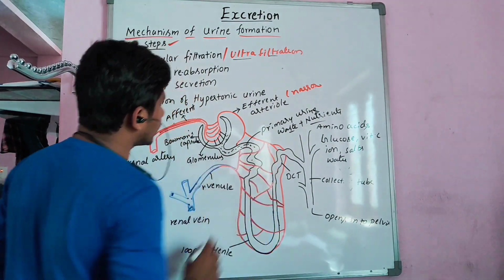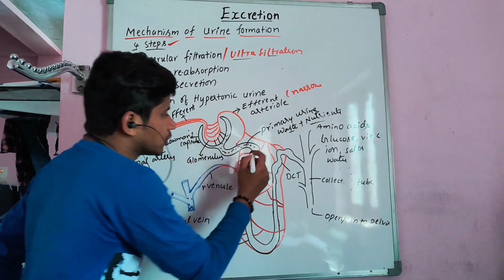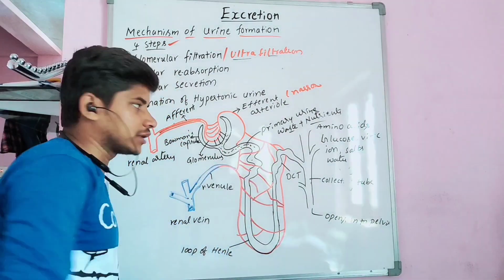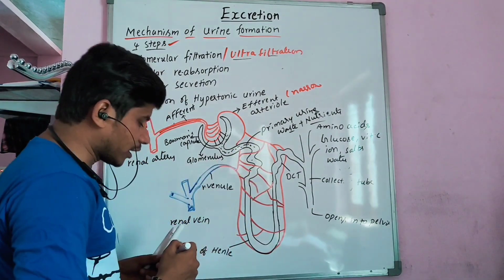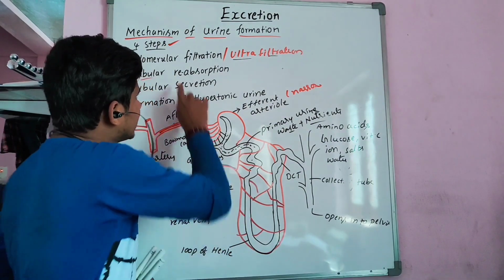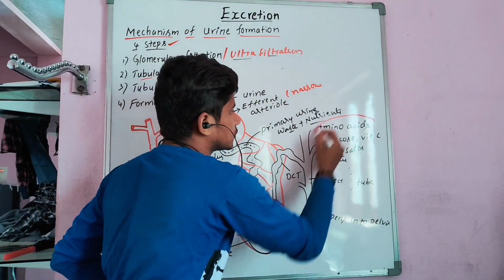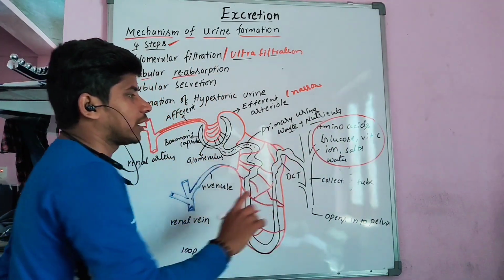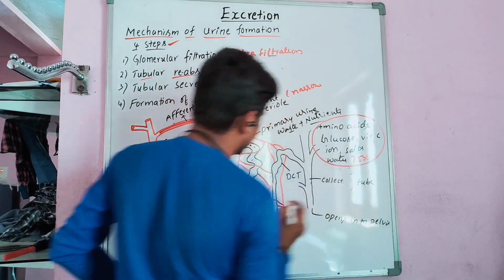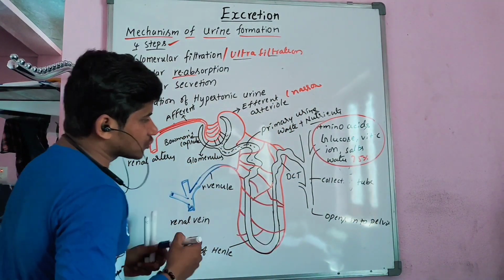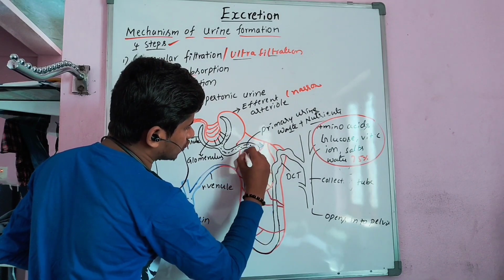Now if you observe the second step, tubular reabsorption. At the PCT there are so many blood capillaries, that is the peritubular network around the PCT. Here the peritubular network around the PCT reabsorbs all these nutrients. So what are the nutrients? Amino acids, glucose, vitamin C, excess of water, nearly 75% of water gets reabsorbed at the PCT from the primary urine into the blood capillaries.